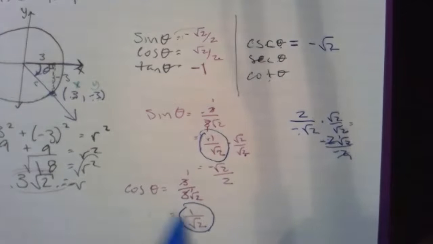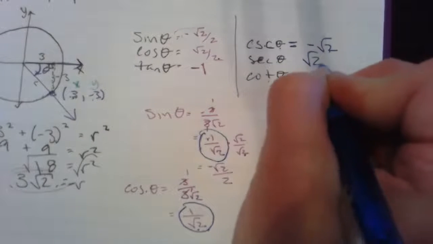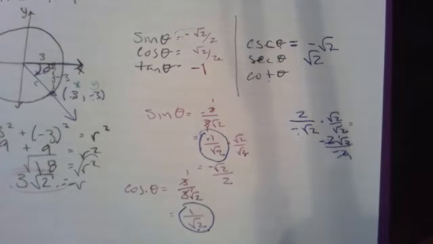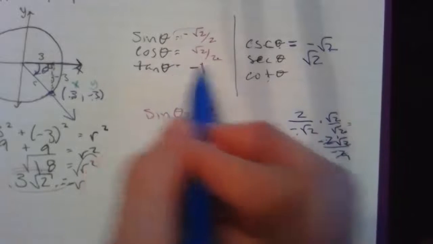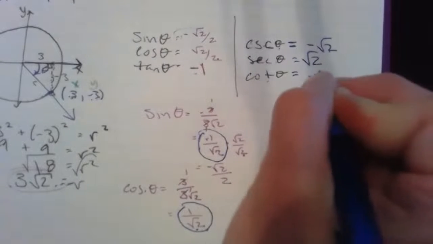So the simplified fraction for my cosine before I took the reciprocal is 1 over rad 2. And guess what? If I could just easily take the reciprocal of 1 over rad 2, it's rad 2 over 1. And likewise, tangents are usually nicer. The reciprocal of -1 is -1.